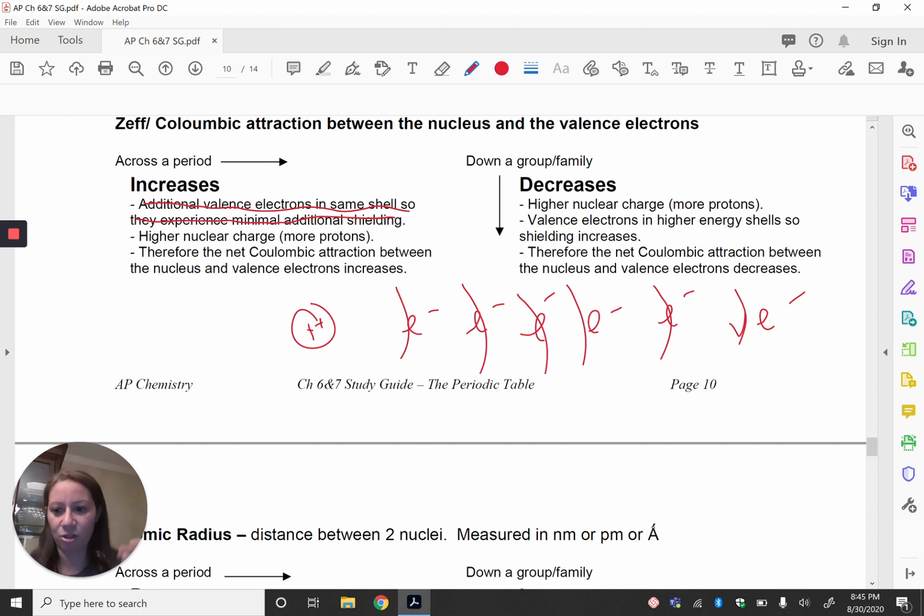Well, it's the addition of the electrons in higher energy levels. So you can ignore this part and just tell me about the extra electrons, and that would be good as well. So if you want to give the whole explanation, that's fine. If you want to just give the main reason, that's fine as well. Okay, and really once you have that explanation, you can explain any other trend from there.